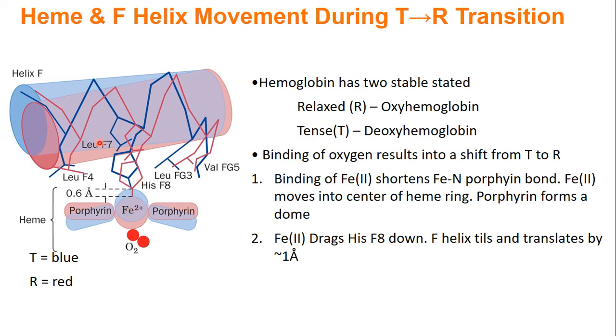Histidine is on the F helix, so your whole F helix will actually twist and tilt down by roughly 1 angstrom. By this oxygen binding, you're pulling this whole subunit along because it's attached to the iron, and the iron wants to bind to oxygen.